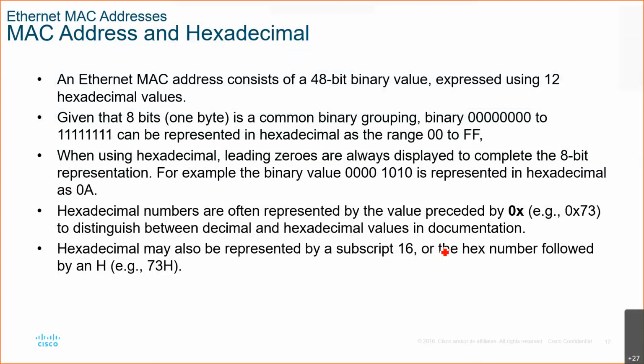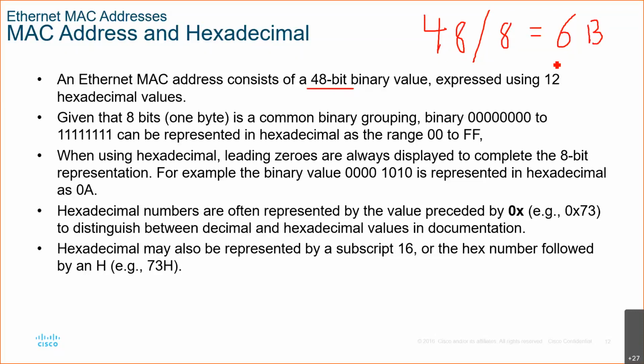Okay? So it consists of 48 bits. When you say 48 bits, how many bytes is that? Divided by 8, that would make it 6. Yes, thanks, Cassandra. That would make it 6 bytes.